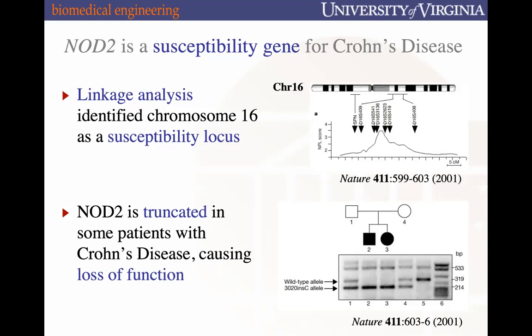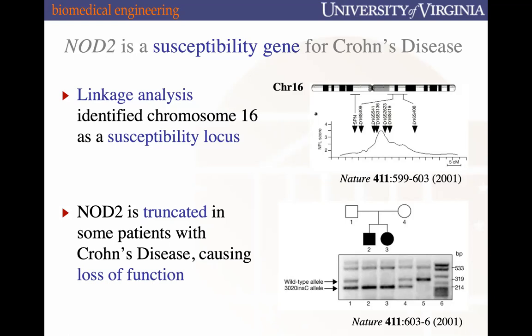The next paper, right after that, another group looked at a specific family where the mom and dad were heterozygous for a specific phenotype. What this phenotype was, was a truncated NOD2. Their children both were homozygous and inherited this truncation. Mom and dad were both heterozygous.